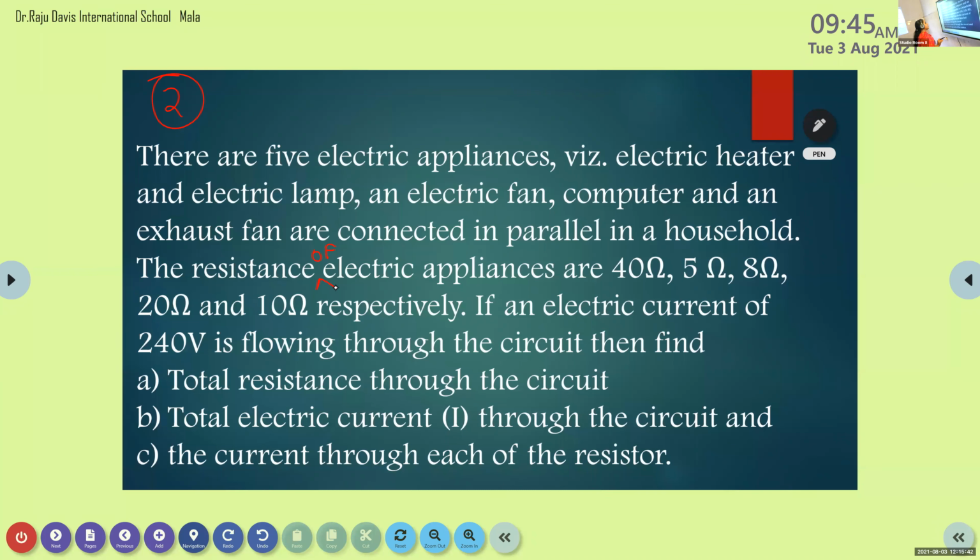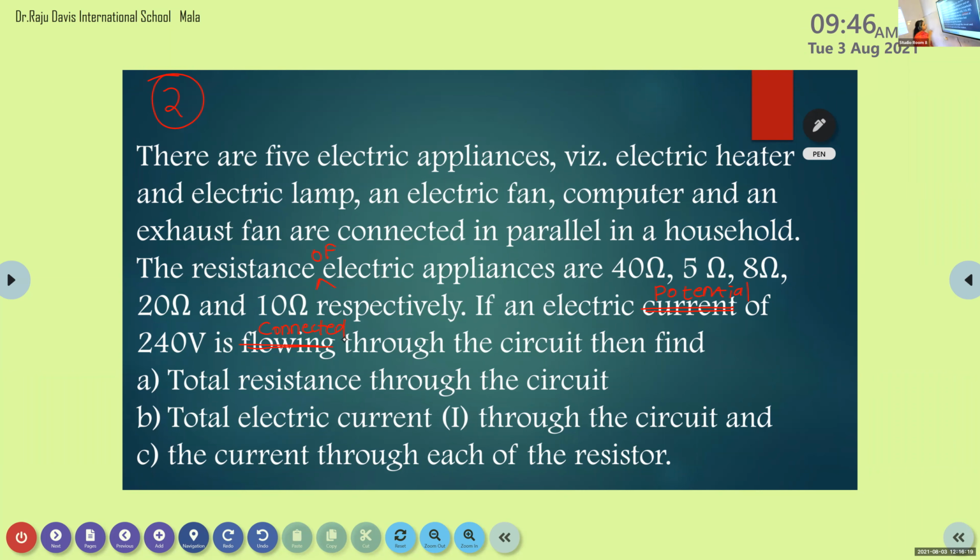If an electric potential of 240 volt is connected through the circuit, find the total resistance, total electric current and the current through each resistor.